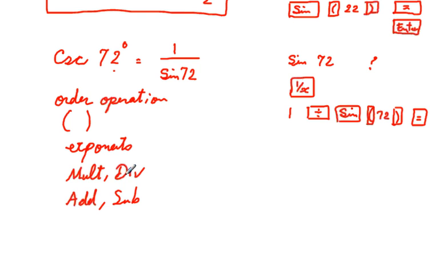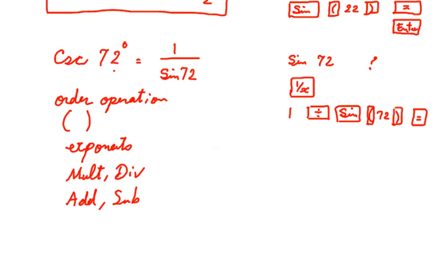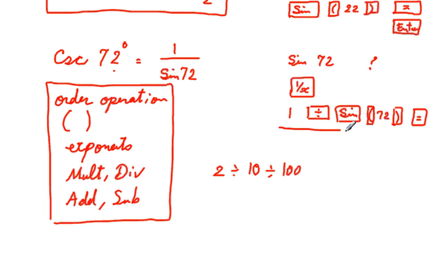Multiplication and division: what is the tiebreaker if you have several multiplications and divisions? So for example, you have 2 divided by 10 divided by 100. Yeah, this is resolved from left to right. Addition, subtraction, again, is resolved from left to right. At any rate, you have to be aware of such an issue so that when you use your calculator, you don't enter things incorrectly.